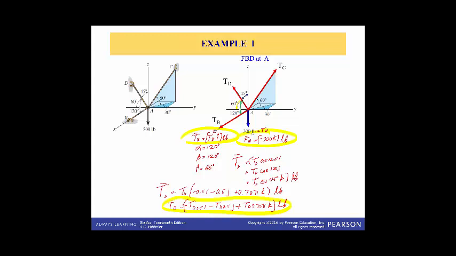So now I have to work on TD, and I want to do that separately. So let's do TD by itself. Okay, so TC. Let's take a look at TC. The first thing you need to notice is that the angles it's giving me are none of them alpha, beta, nor gamma.